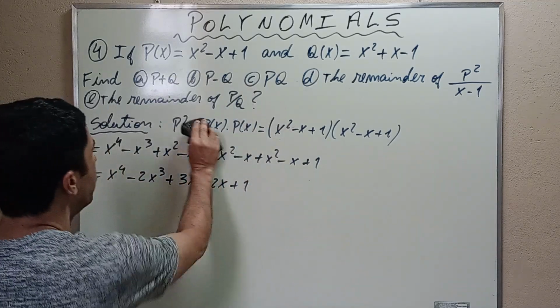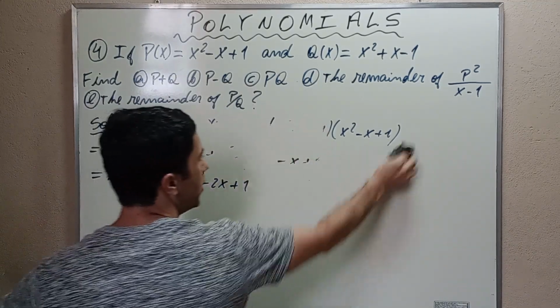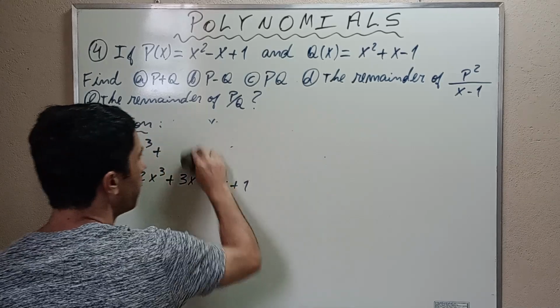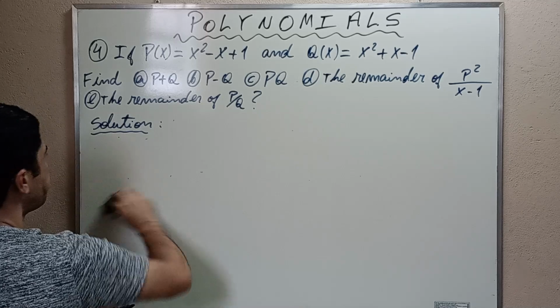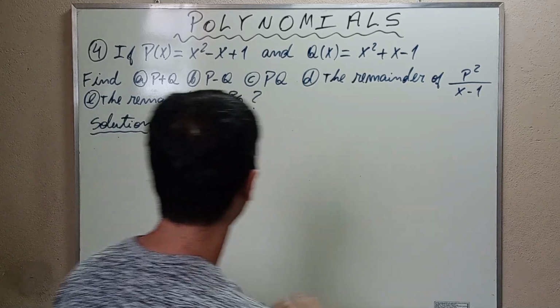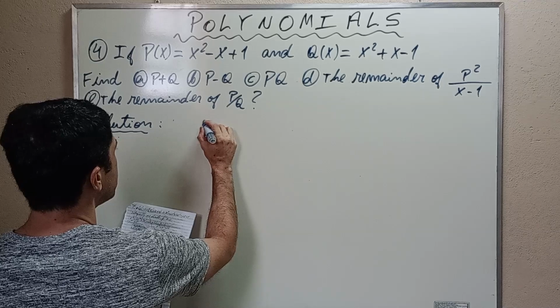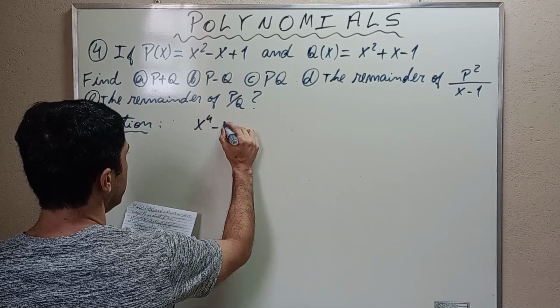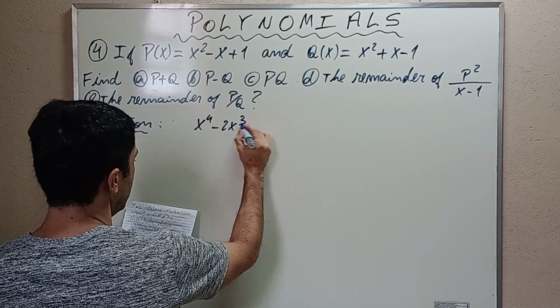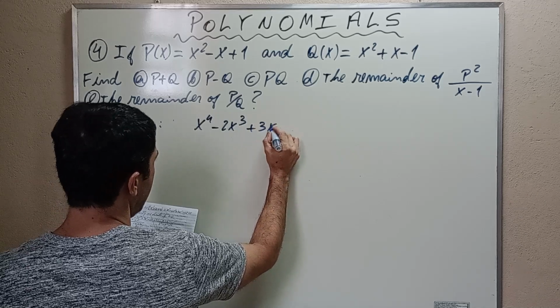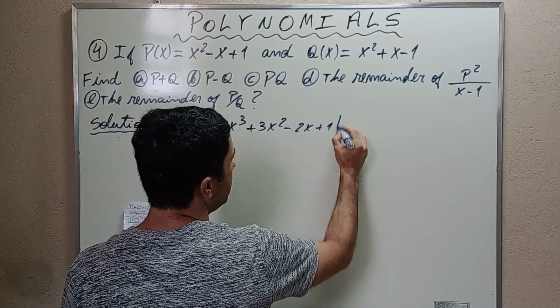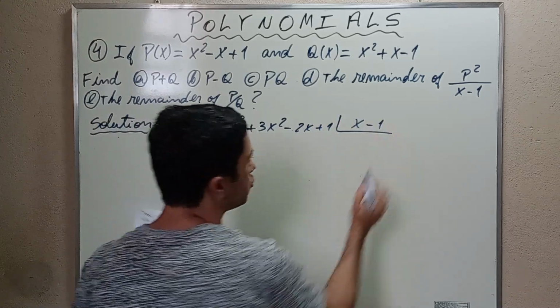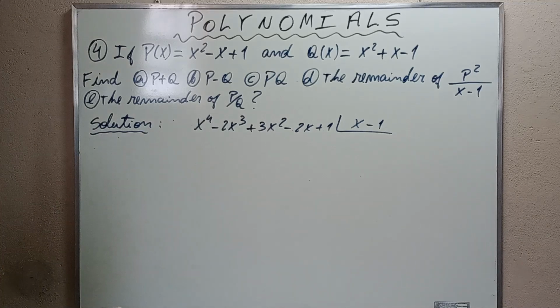I'm going to erase the board here for some room to carry out this division, okay? Let's go. Let's divide one by the other. X to the fourth minus 2x cubed plus 3x squared minus 2x plus 1 divided by x minus 1, okay? Let's do it. Let's divide.